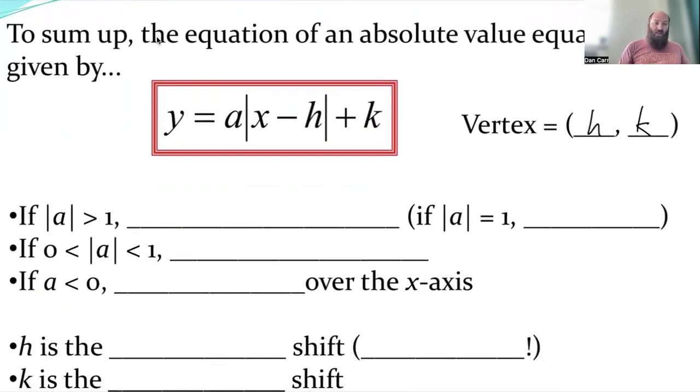If the absolute value of a is greater than 1, it's a vertical stretch. If the absolute value of a equals 1, that is our normal parent function. If the absolute value of a is in between 0 and 1, we get our vertical compression.